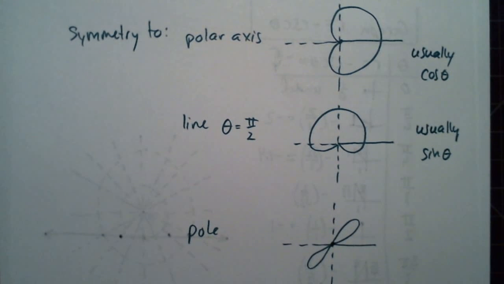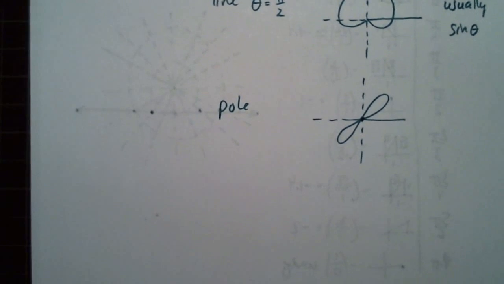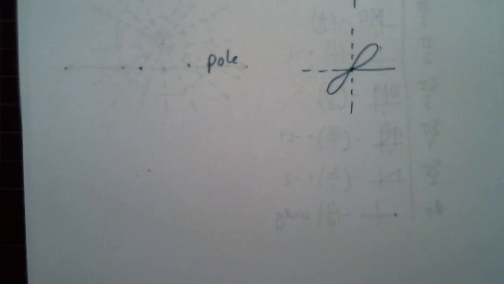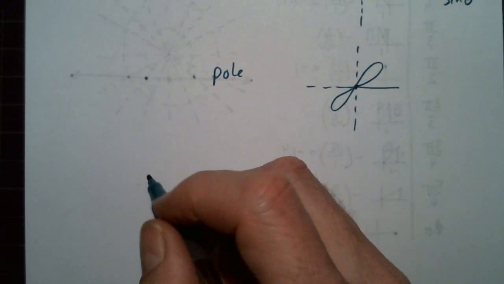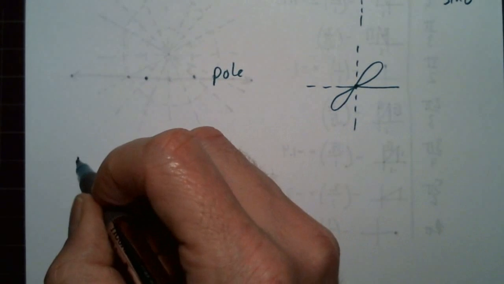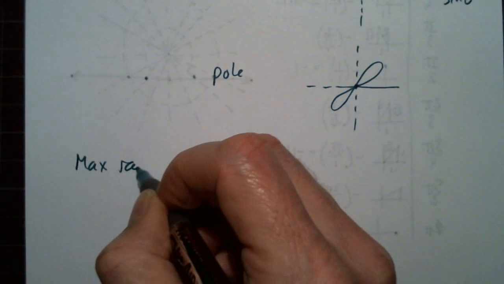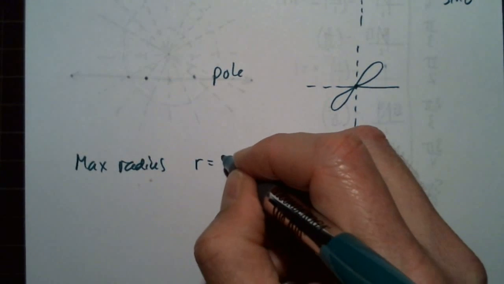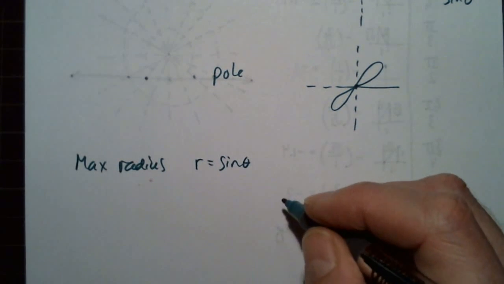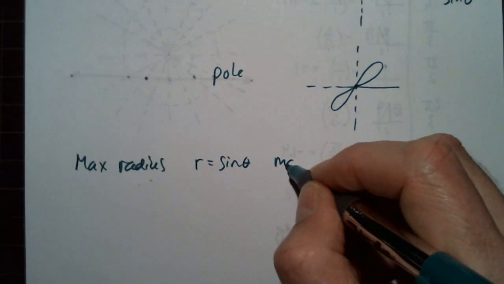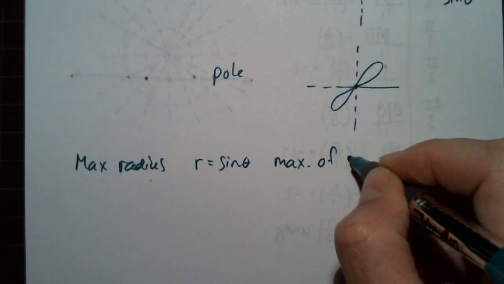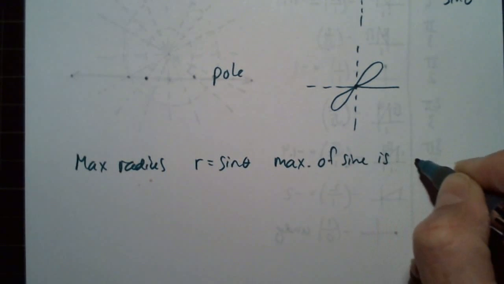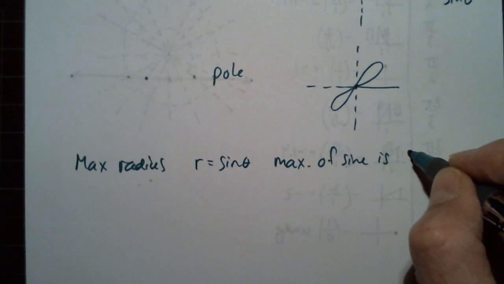Another strategy in addition to symmetry is the maximum radius. If we have r equals sine theta, the max of sine is 1.